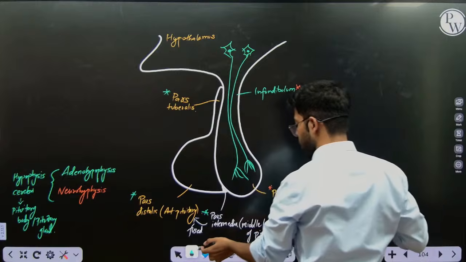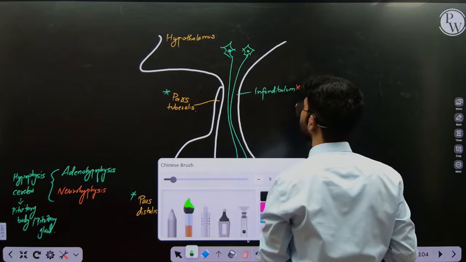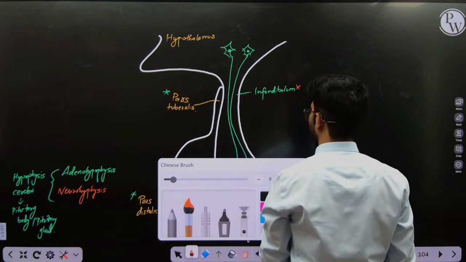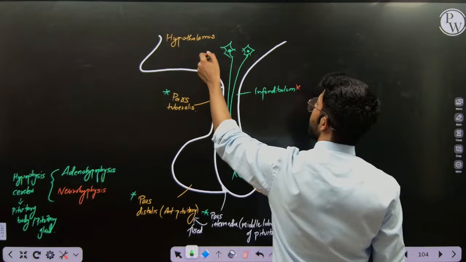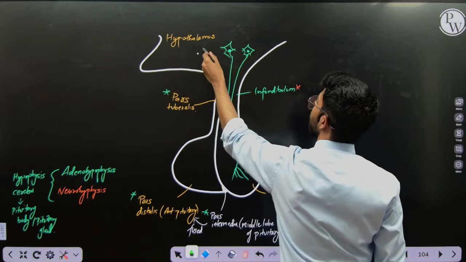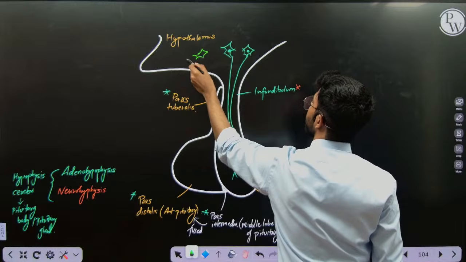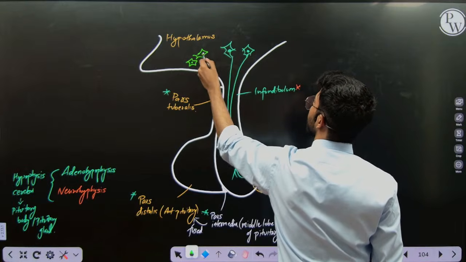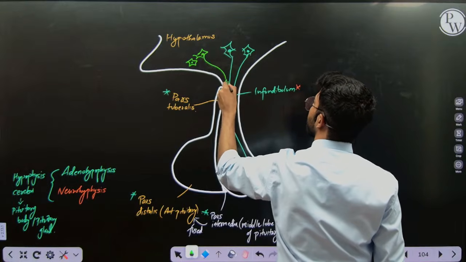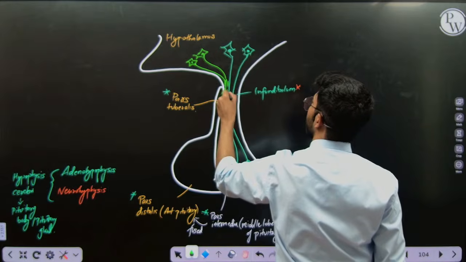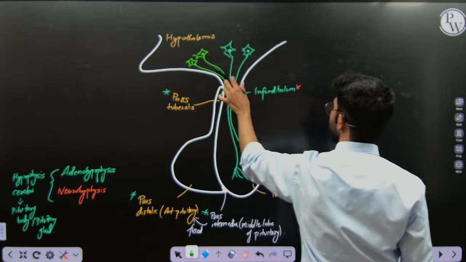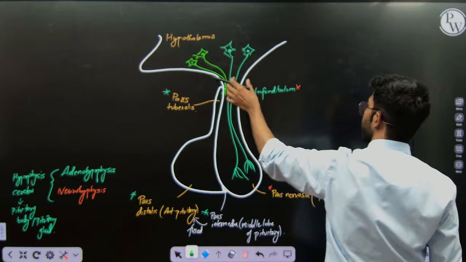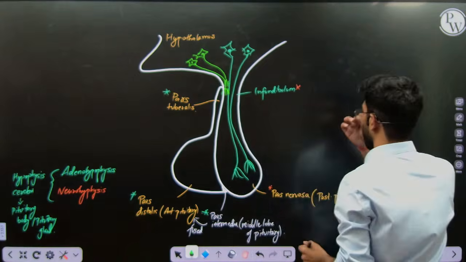But for anterior pituitary regulation, there are neurons which just have nerve endings at the infundibulum region or before it.